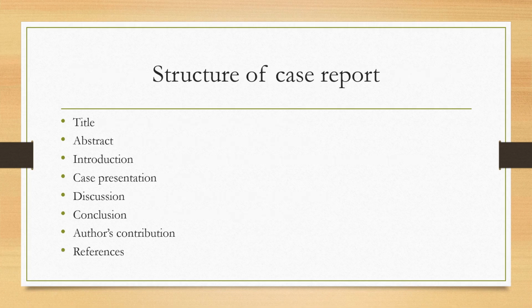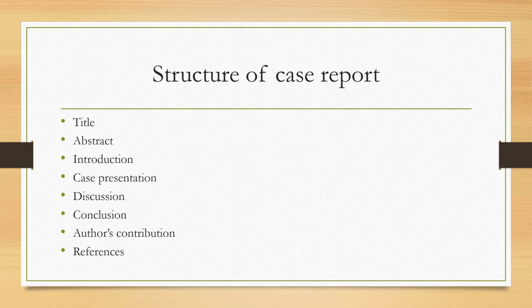So how do you structure a case report? Most journals require you to have a format when you write a case report. This is a standard version which you can use for almost any journal. Usually you start with the title, then comes the abstract, then the introduction, then the case as such, followed by the discussion, the most important part of the case report.